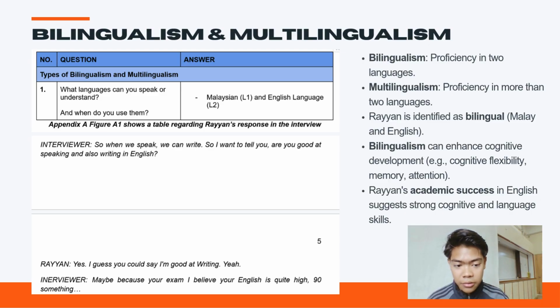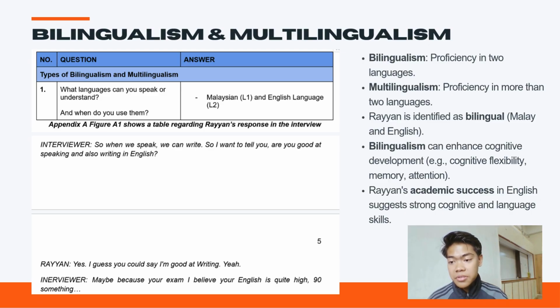communities. Now, in this case study that I have conducted, I can surely guarantee that I can identify Ryan as a bilingual child, due to his proficiency only in Malay and English.